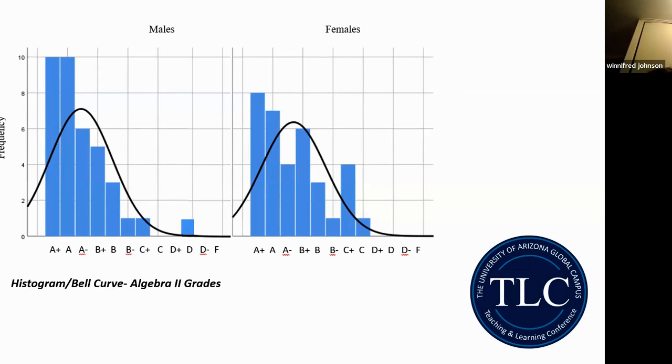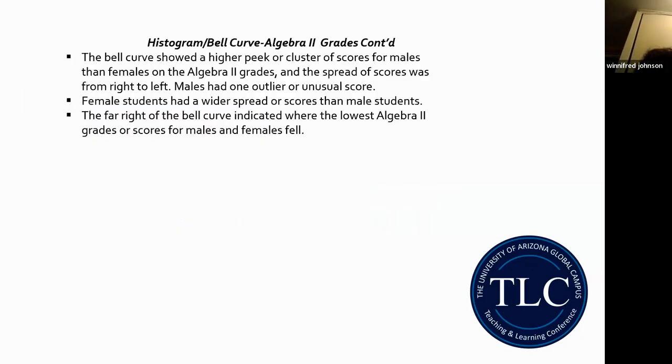Histogram, bell curve, Algebra II grades. The bell curve showed a higher peak or cluster of scores for males than females on the Algebra II grades, and the spread of scores was from right to left.